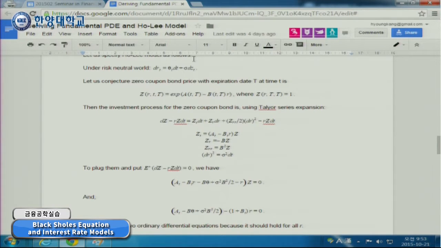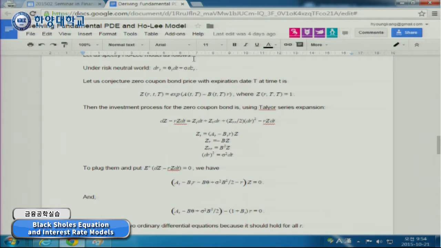When the interest rate is given as the Ho-Lee model, we are interested in the price of a contract that pays $1 at time big T. At time small t, what is the value of that contract that pays at time big T? That is a pure discount bond, right?